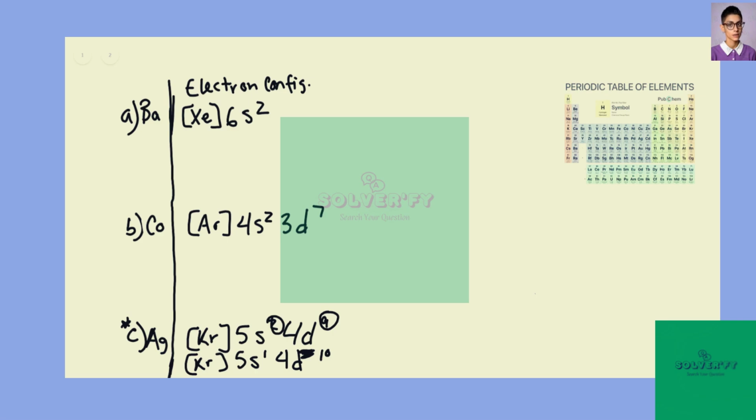And that is because the unpaired s electron is much lower in energy than the unpaired d electron. And so it ends up taking this electron so that it can be in a lower energy state. So that is why the first way is not true.